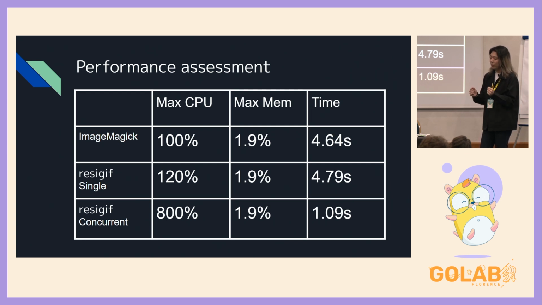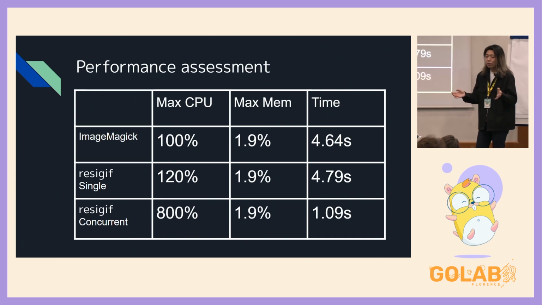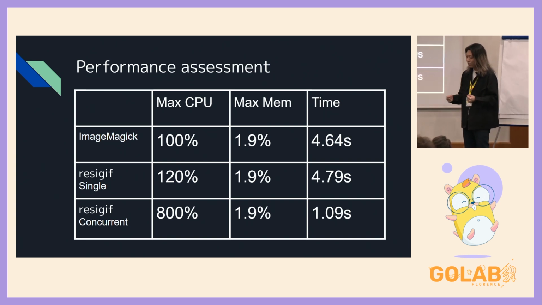So ResizeGIF performs almost the same in terms of time for the same resources, and it becomes incredibly fast when running concurrently. When considering the comparison as a mature C program, it seems pretty successful, doesn't it?